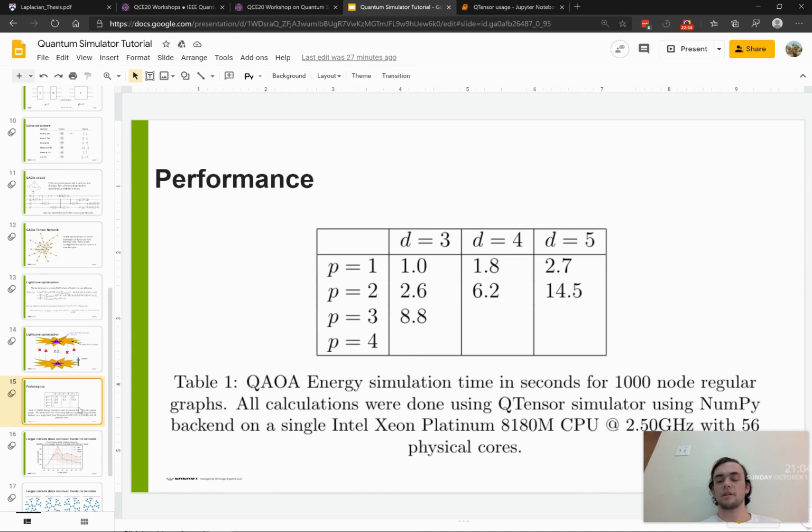Usually people are used to thinking that quantum circuits cannot be simulated on more than 30 or 40 qubits. Here, using light cone optimization, we can easily simulate 1000 node graphs, because the circuits that we use are the subgraph circuits. They are constructed from a smaller number of qubits.